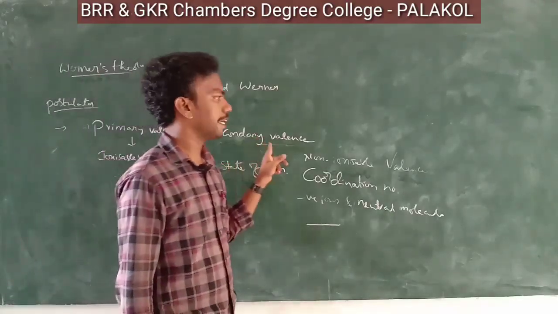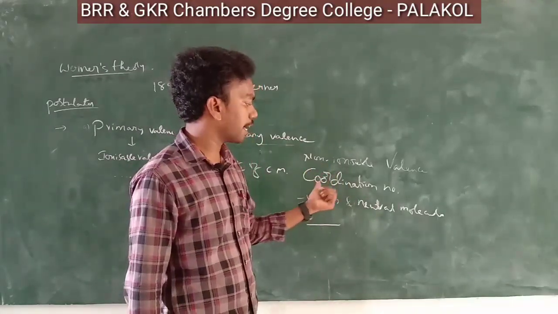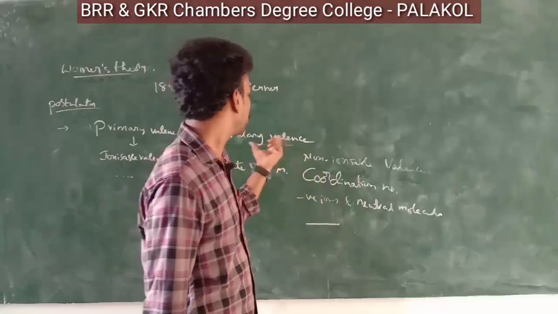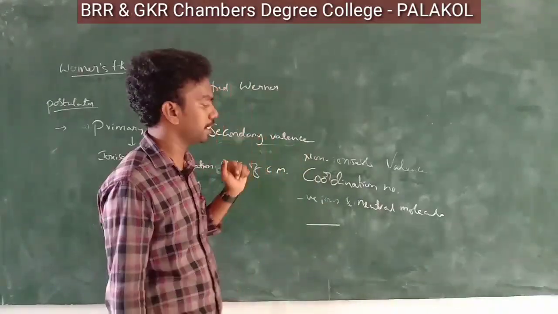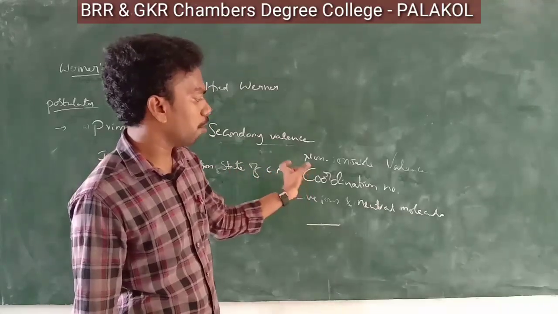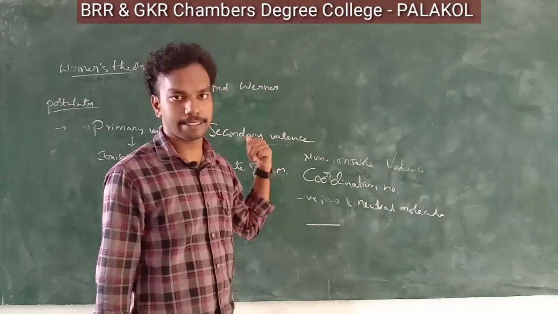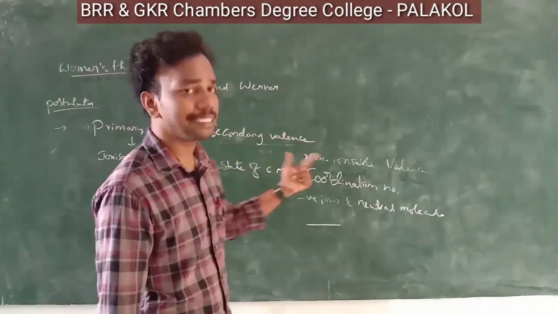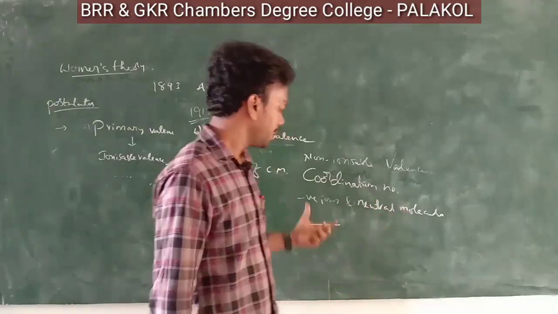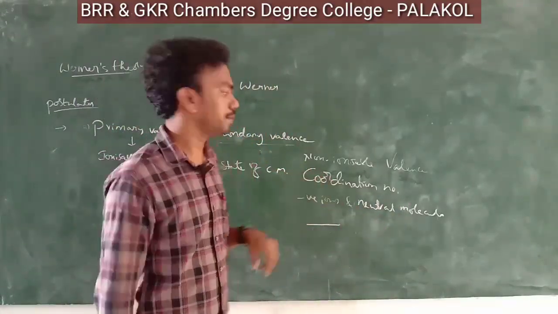Next, secondary valency is also known as non-ionizable valency, and it corresponds to the coordination number. If you want to know the secondary valency of a complex, you just see how much coordination number it has. That will be equal to the secondary valency. It is most probably satisfied by negative ions and neutral molecules. In the structure, the secondary valency is represented by thick solid lines. Okay, this is the first postulate.